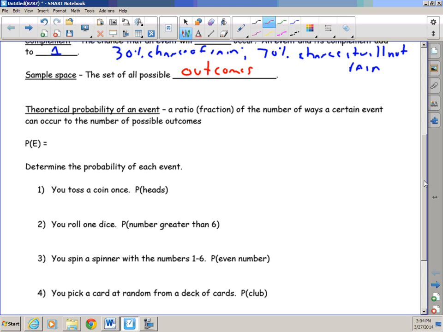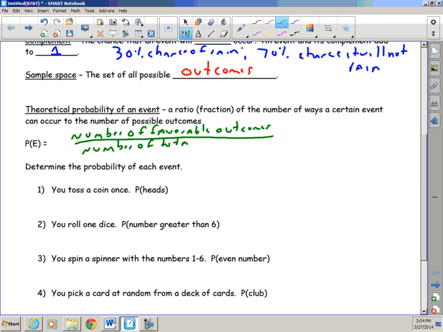The fraction that we write for this is P of E, P standing for probability, E is the particular event that we're talking about. It's the number of favorable outcomes to the number of total outcomes.